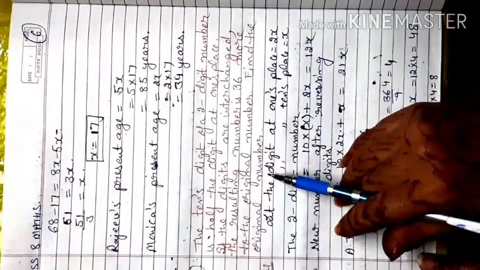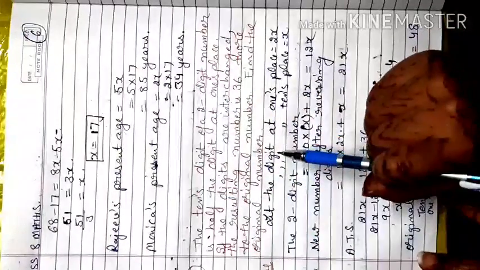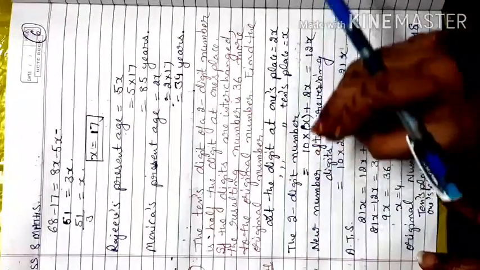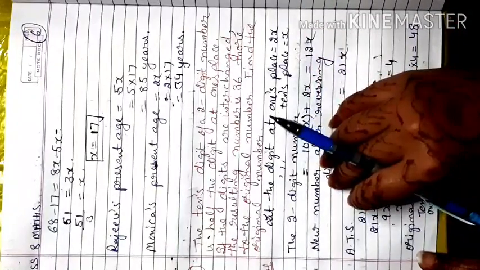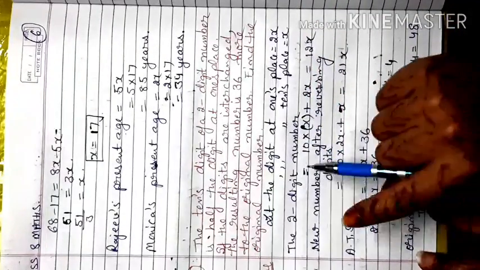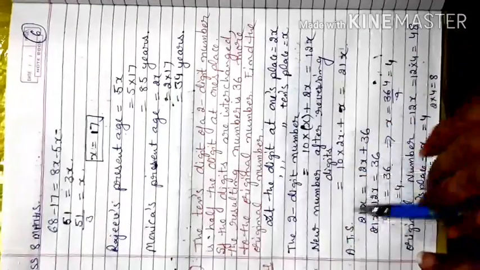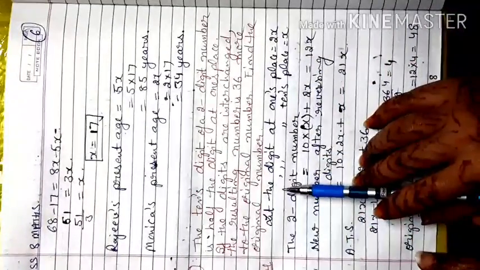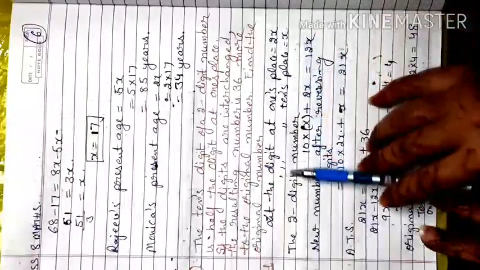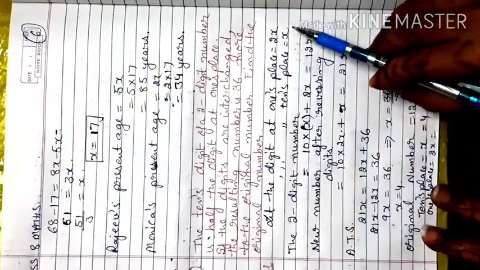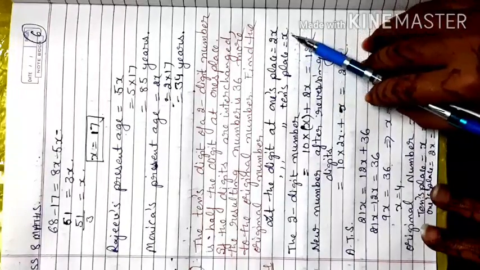In your previous chapters you considered two variables x and y, but here we are dealing with linear applications, so we are allowed to consider only one variable, not two different variables x and y. So we consider the digit at the unit place as 2x, and according to the statement the tens place digit will be x, that is half of the ones place digit.